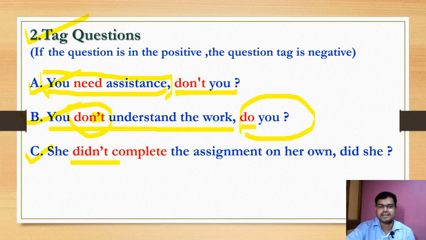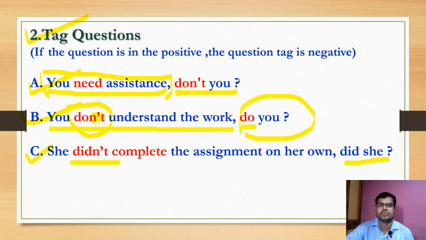Here they have given "didn't", meaning a negative statement, and according to our rule, when the statement is negative, we have to use a positive tag, and here we have done the same. We have used "did she." Understood? So this is the use of an auxiliary verb. Auxiliary verbs can be used for making question tags.